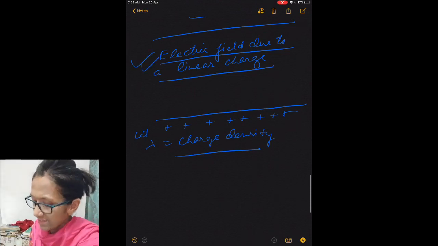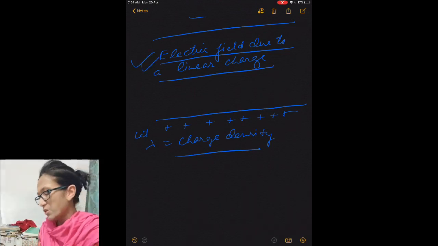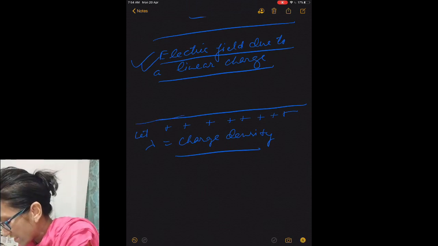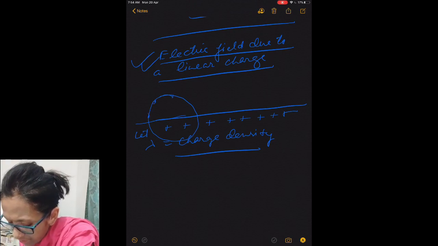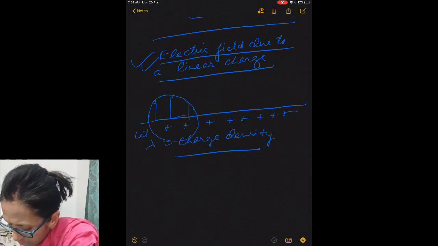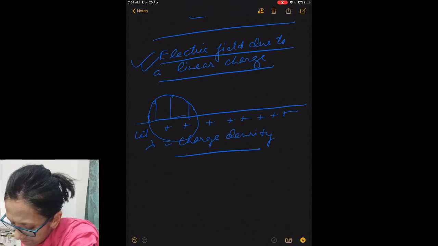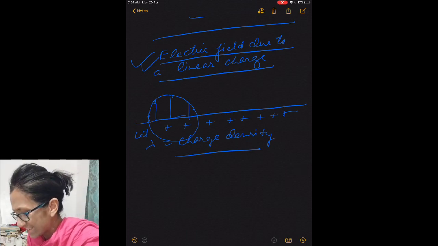Now here in this case, you cannot take Gaussian surface as spherical one, because if you take a spherical surface, you will have electric field at each and every point different due to different distances from this charge distribution. So this is not symmetrical surface in the case of linear charge density.